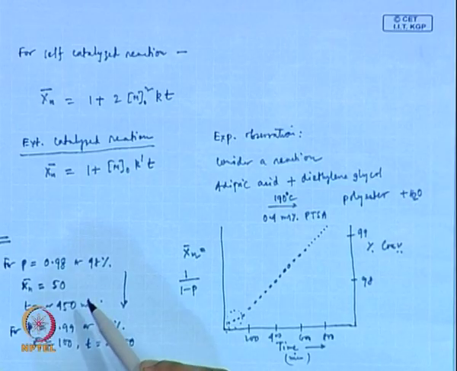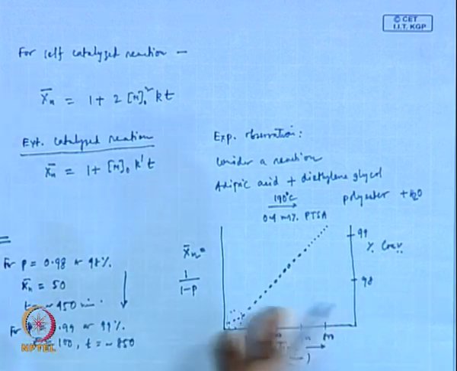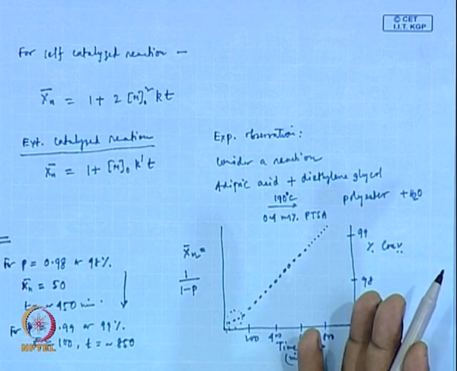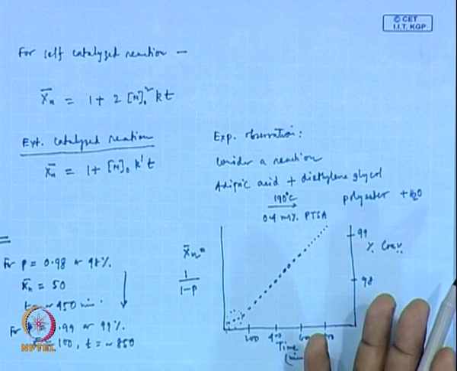So, from 98% conversion going to 99% conversion, we have to almost double the reaction time, some 450 to 850 minutes. For an organic chemist doing an esterification reaction for small molecules, a 98% conversion may be quite satisfactory, which means that at 450 minutes we can stop the reaction and take the product. But for a polymer chemist, that 98% conversion is not sufficient.